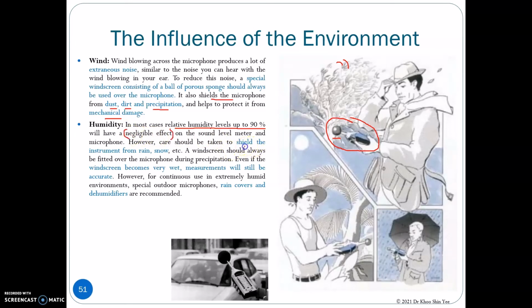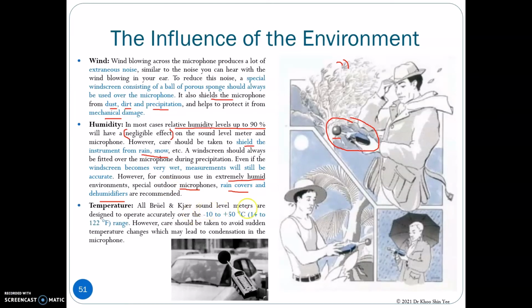Care should be taken to seal the instrument from rain, snow, and so on. For continuous use of the microphone in an extremely humid environment, it is recommended to use a rain cover or a dehumidifier. Some microphones that are designed specially for the outdoor environment can be considered as well.